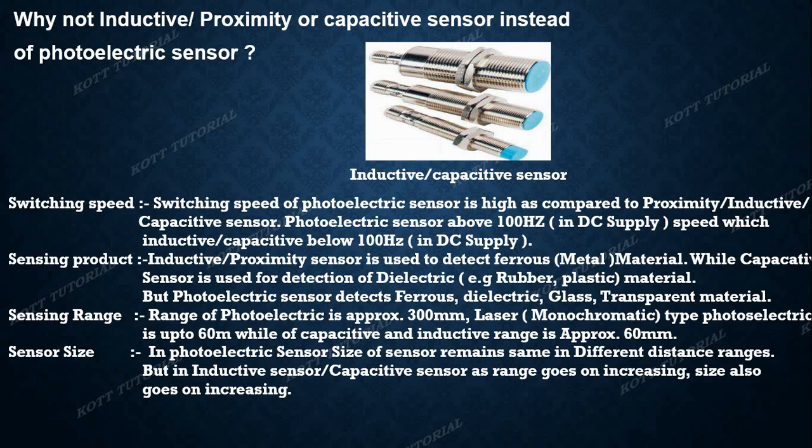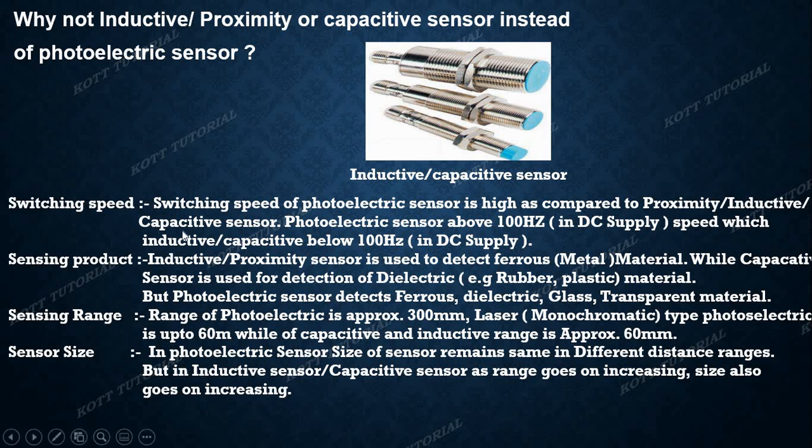The switching speed of the photoelectric sensor is high as compared to a proximity or a capacitive sensor. The reason is that the photoelectric sensor uses light as a medium. So of course its switching speed would be high as compared to a proximity or inductive sensor, which uses the inductive or the capacitive method of sensing an object.